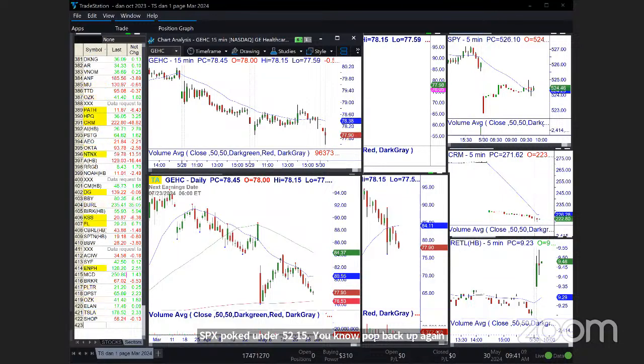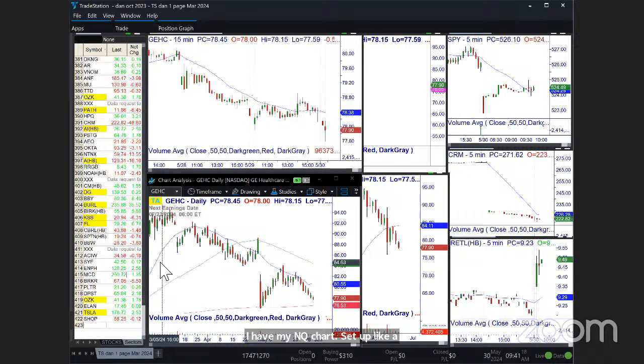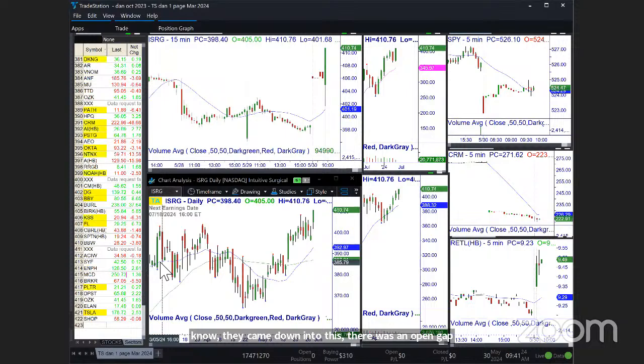Qs, I have my NQ chart set up like a regular Qs. I don't know if it's the same, probably is, but they came down into this, there was an open gap. Nice. Yeah, that's your something bar if it closes like this.